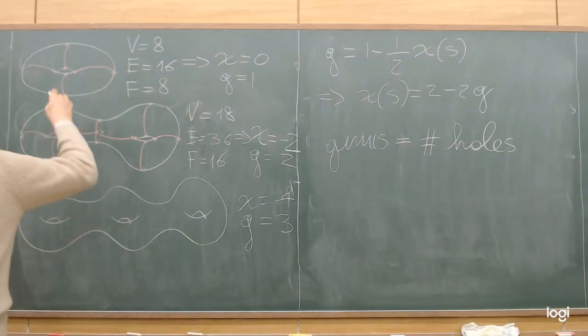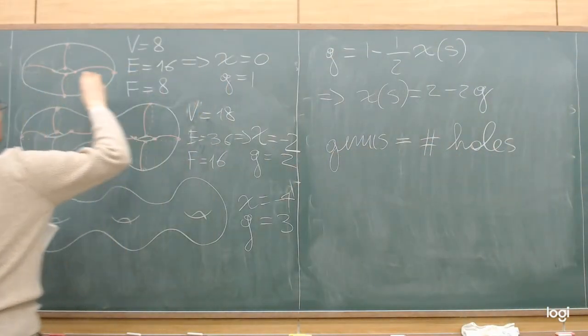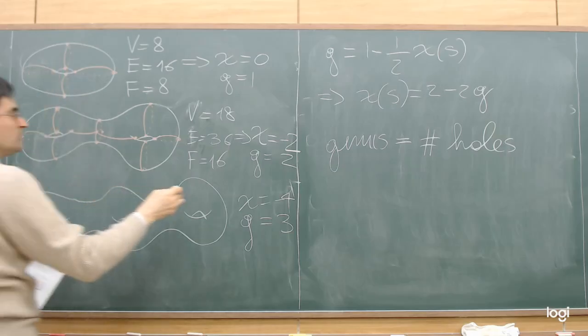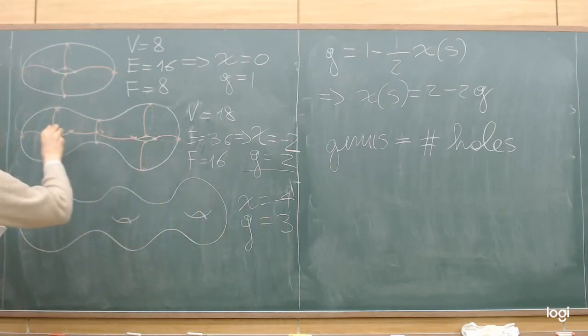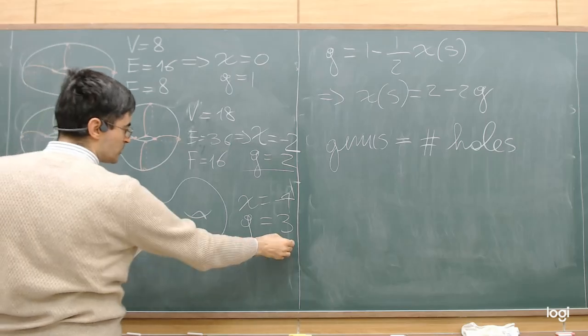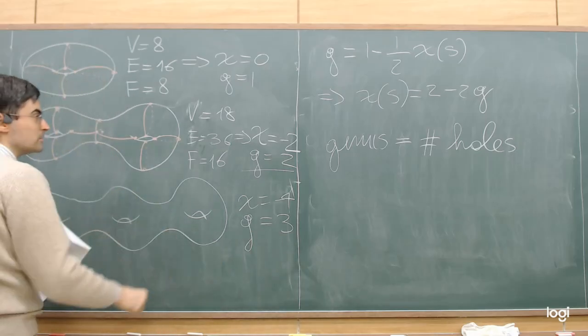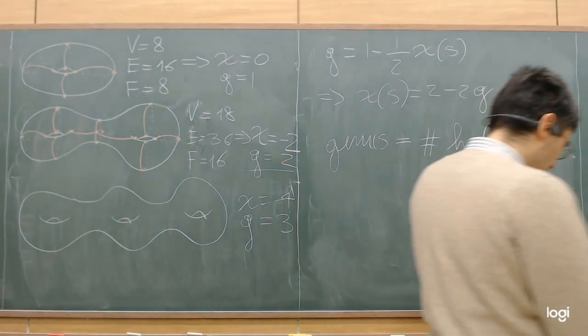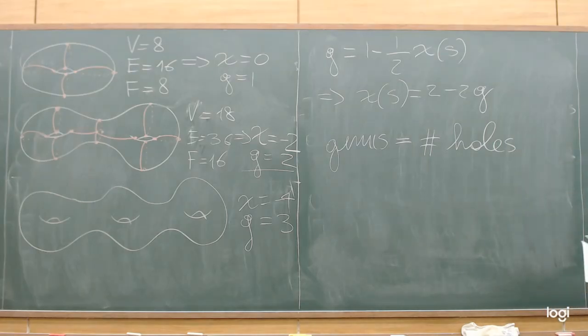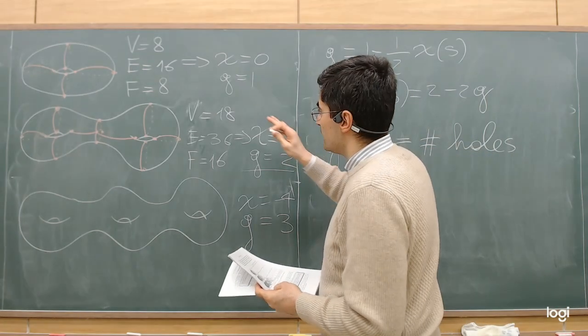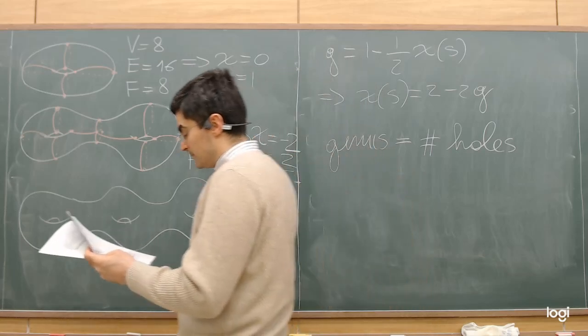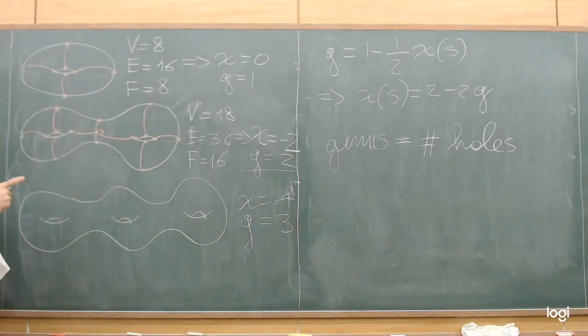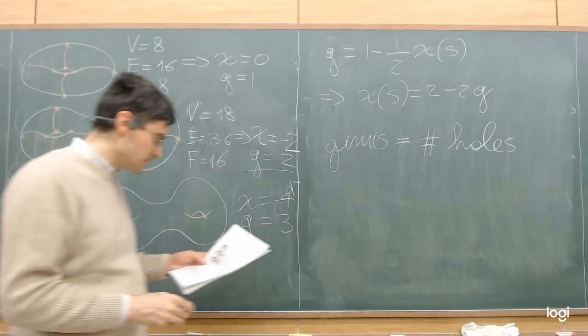Now, here you have a surface of genus 1 having 1 hole. This is a surface of genus 2 having 2 holes. This is a surface of genus 3 having 3 holes, and so on. These are essentially all the compact connected regular surfaces without boundary up to diffeomorphism.